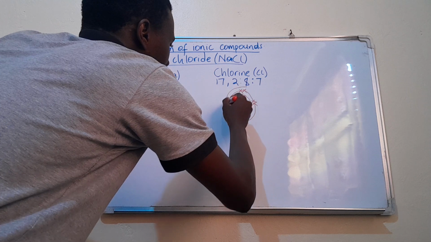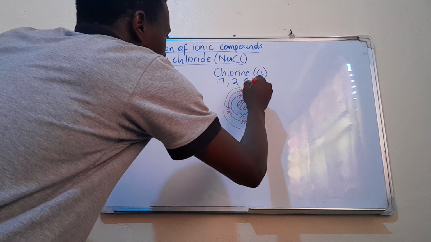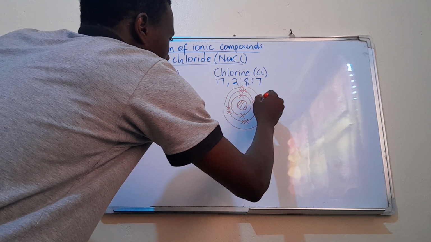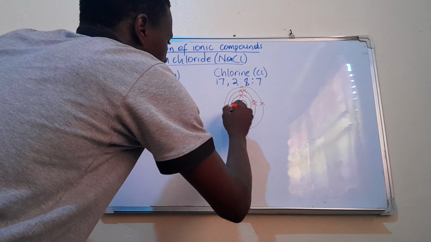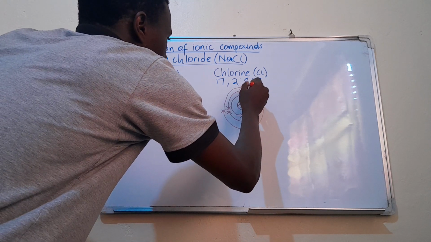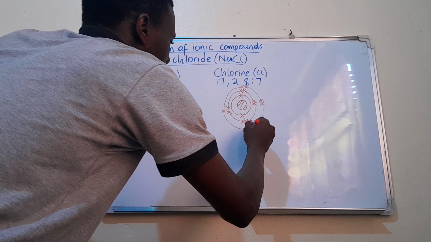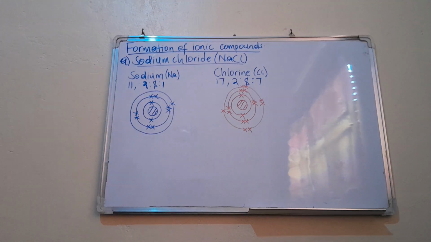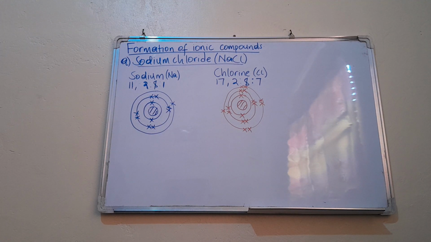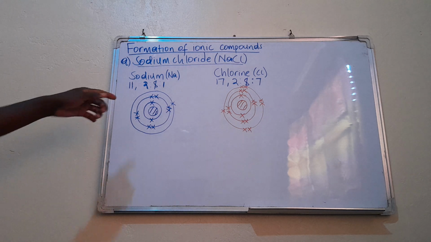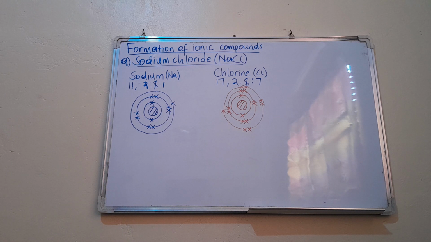And the last shell has 7 electrons: 1, 2, 3, 4, 5, 6, 7. So that is the atomic structure of chlorine, and this is the atomic structure of sodium.